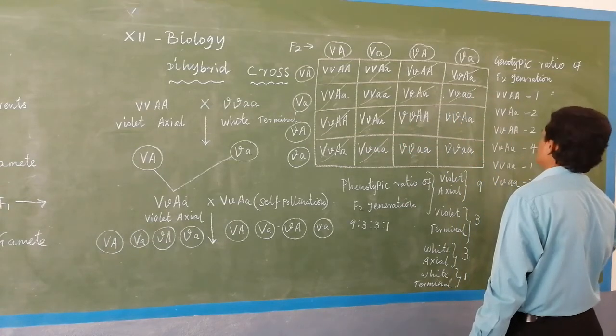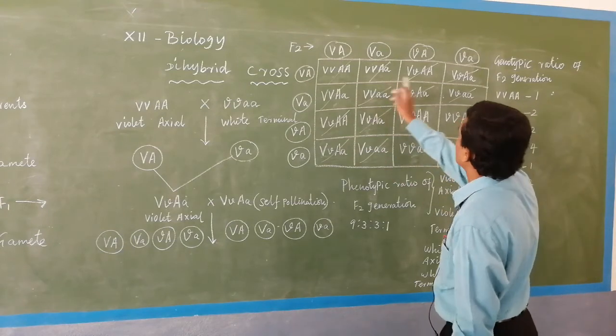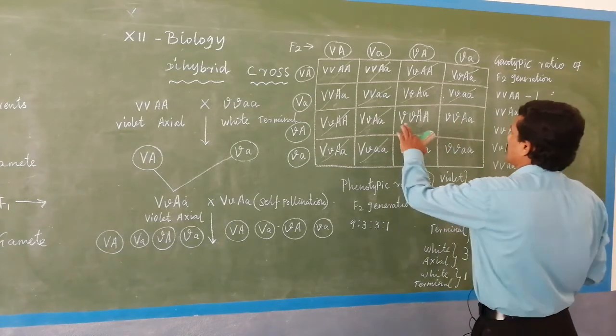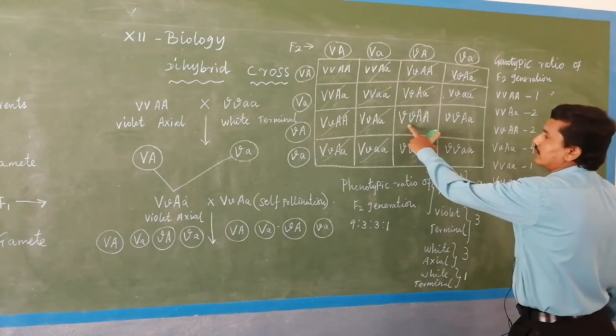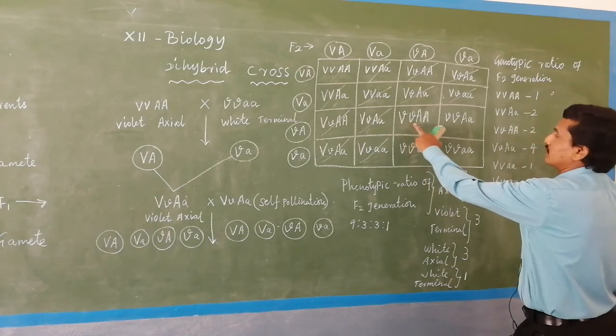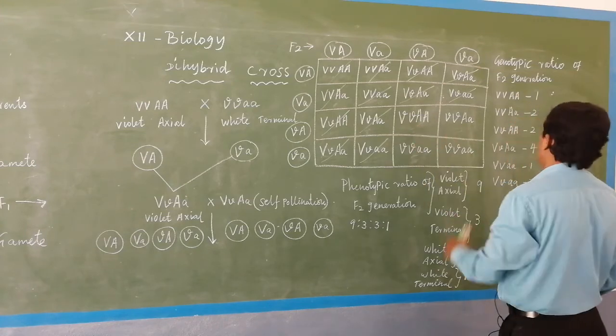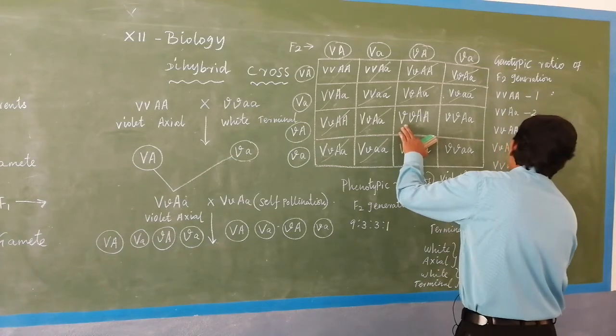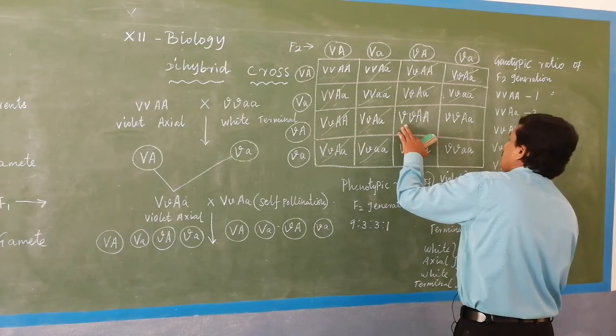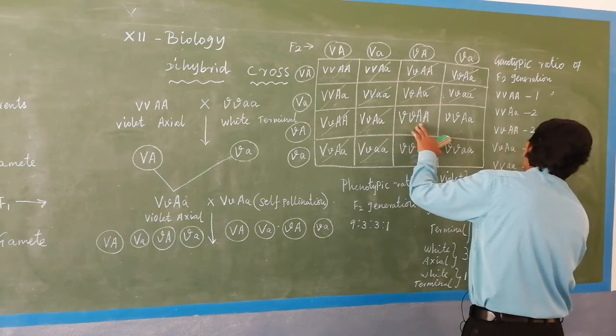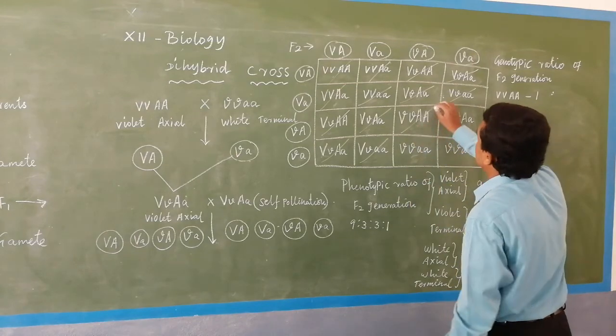So this is 2. Then over here, what is this? Homozygous white and homozygous axial. Small v, small v and capital A. This is how many? Only 1.